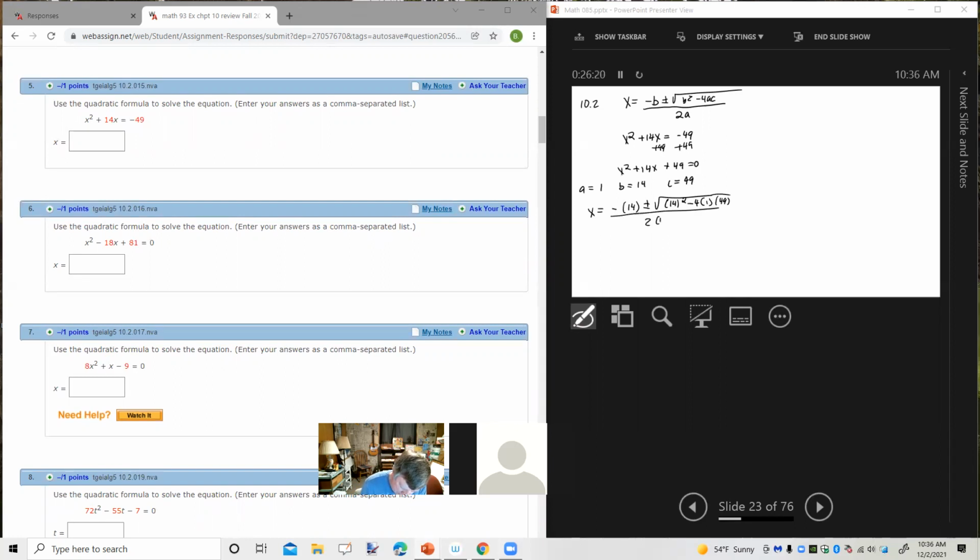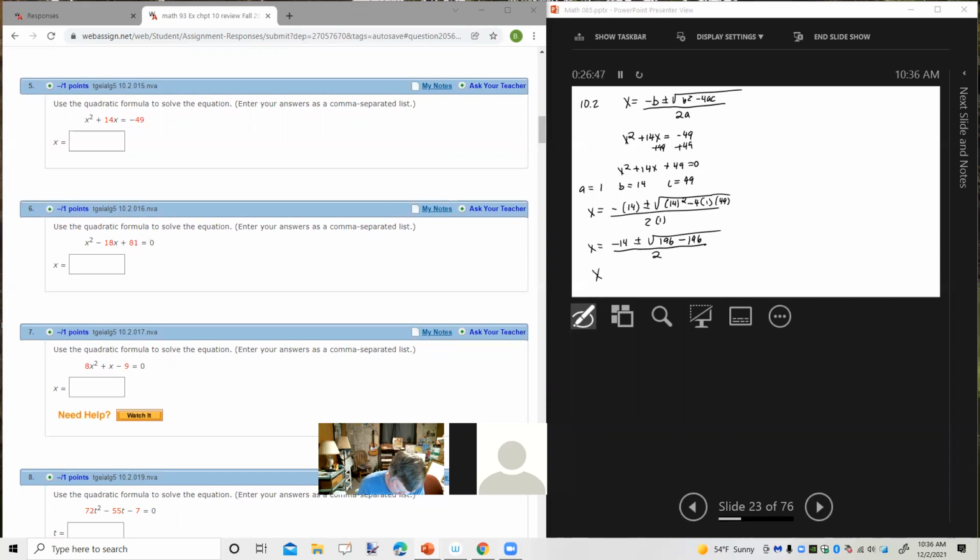all over 2a. Continuing to simplify, x equals -14 plus or minus, I think 14 squared is 196. Let's find out. Yes, it is. And then we've got minus 4 times 49. 4 times 49 is also 196, all over 2.